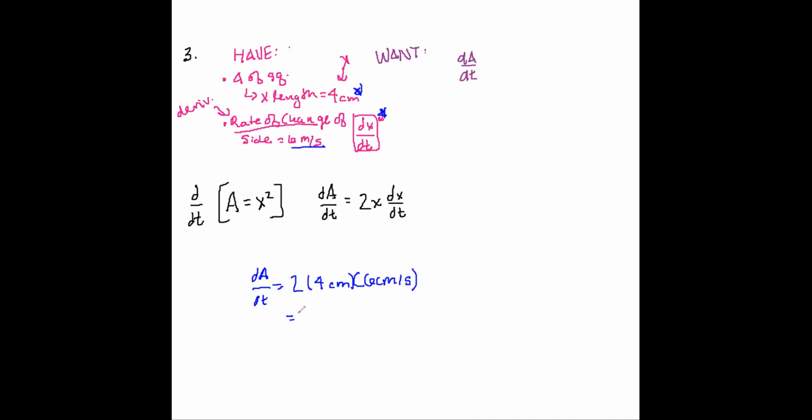So this will be 48. I put the units in here because the units should all turn out and make sense. So this will be centimeters squared per second, equal to dA/dt.